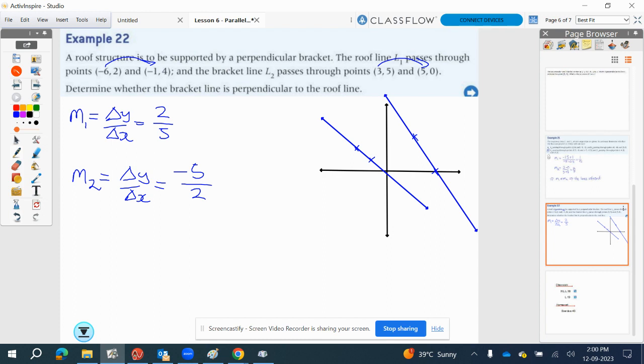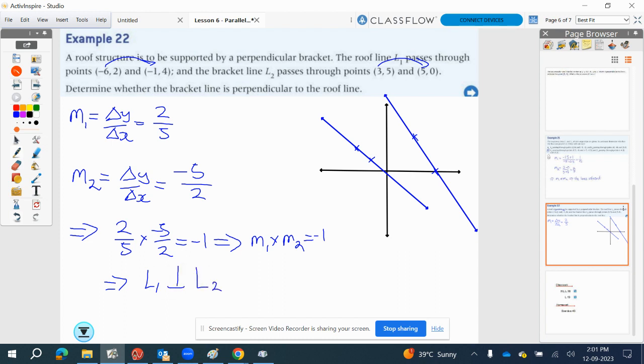Perpendicular. We have to show that it's perpendicular. So we do it like this. This implies that 2 over 5 times -5 over 2 is equal to -1, which implies that m1 times m2 equals -1, which implies that L1 is perpendicular to L2.